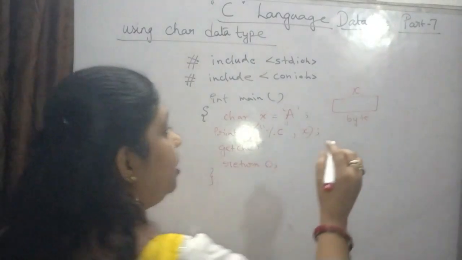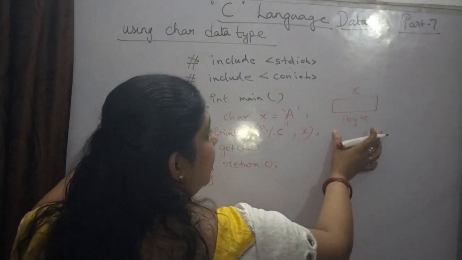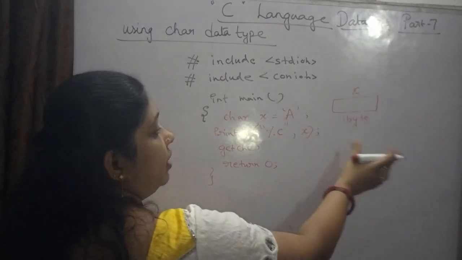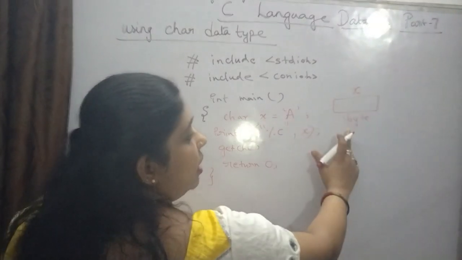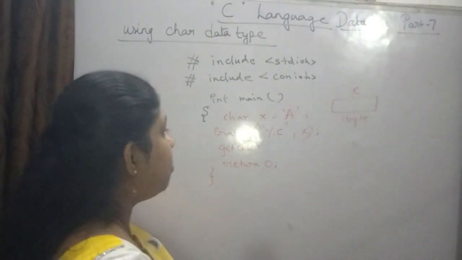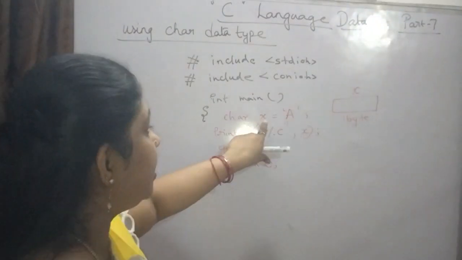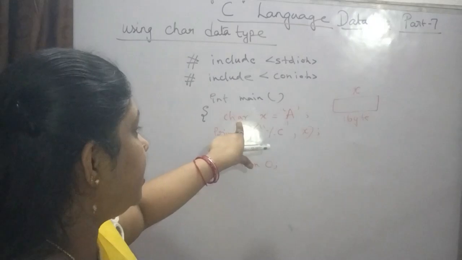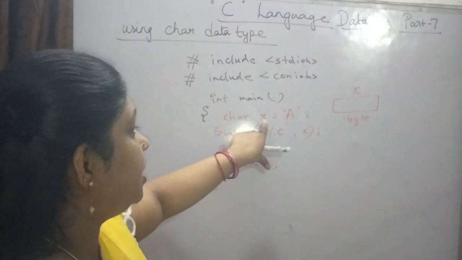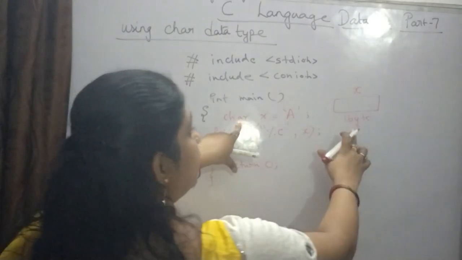Next, now it has been declared automatically. It will locate the space for this x. 1 byte of memory space is located to the x. Now what happens next? I am declaring character x variable as character data type, and 1 byte of memory has been declared.